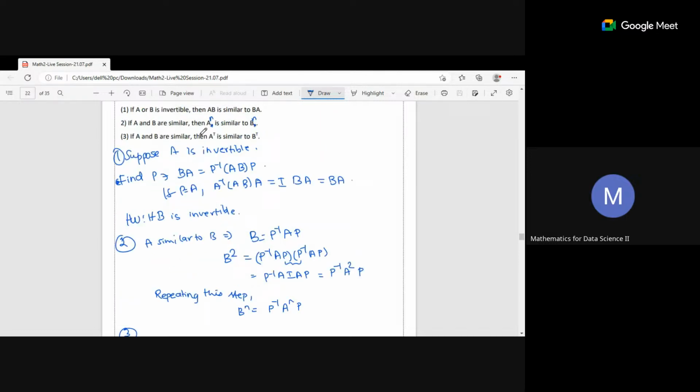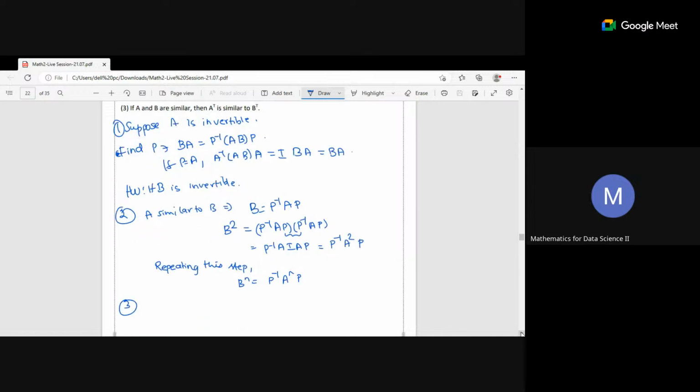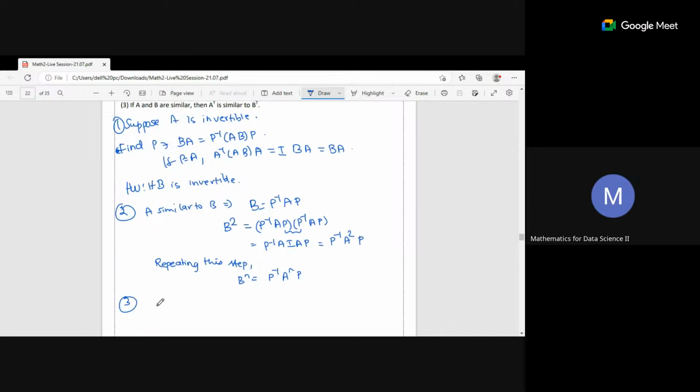If A and B are similar, then A transpose is similar to B transpose. I guess we have done it in the case of equivalent matrices, the same technique. So you have B is equal to P inverse AP. So what about B transpose? P transpose, A transpose, P inverse whole transpose.